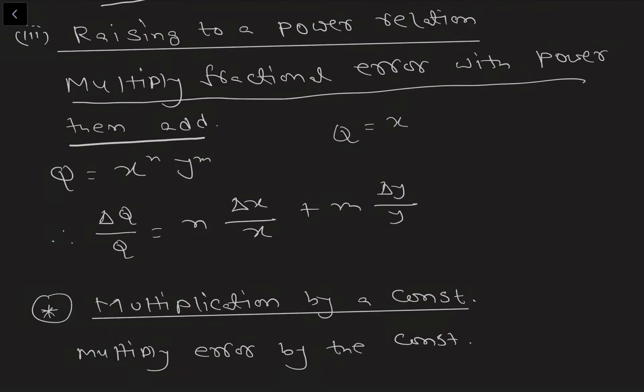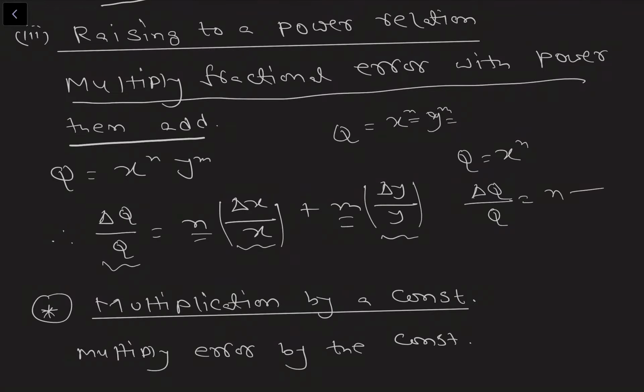Here we are writing it more generally, like a quantity consisting of two quantities in a product, which also have powers. Then we simply add the relative error of x multiplied by the power of x plus the relative error of y multiplied by the power of y. If q consists simply of x to the power n, then delta q by q will be n times delta x by x. It is like our previous dependent and independent case. The formula is the same here.